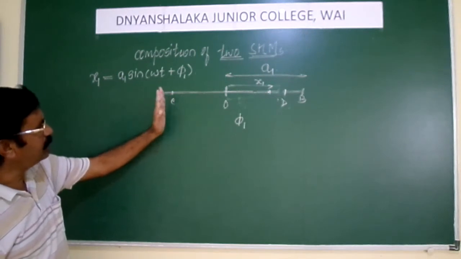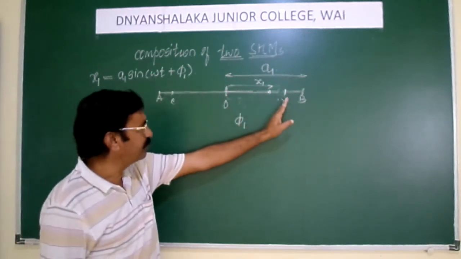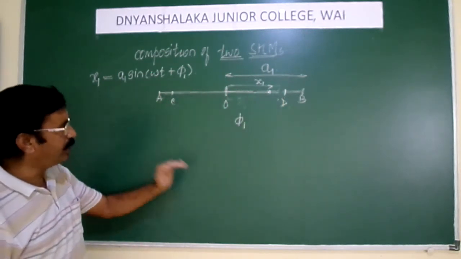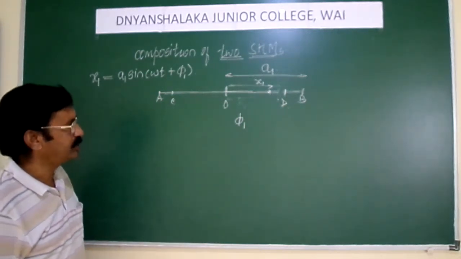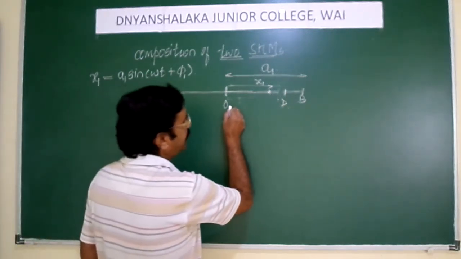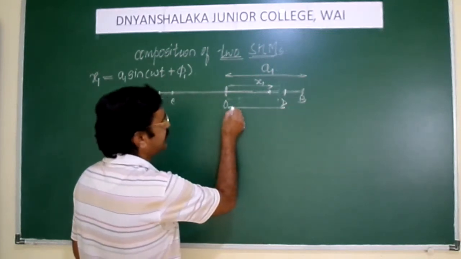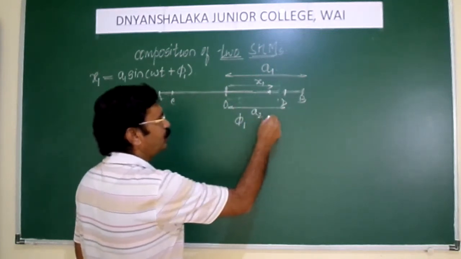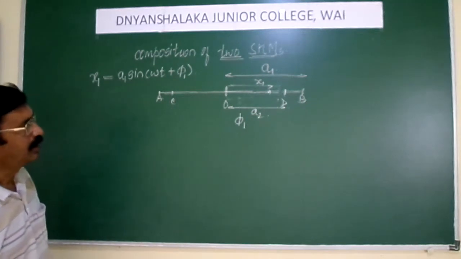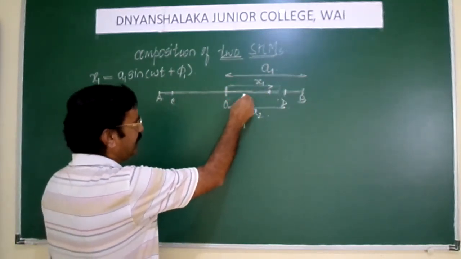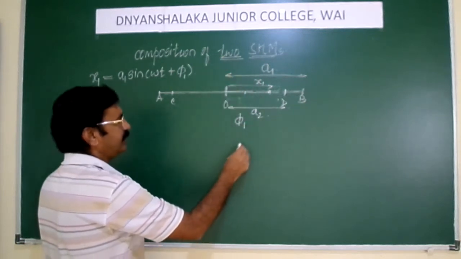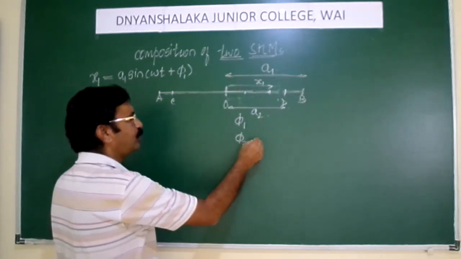Now, for the path CD, if the particle is going to perform simple harmonic motion, then let the amplitude of the second SHM be A2. And initially, the particle will be at another position where its initial phase will be phi2.